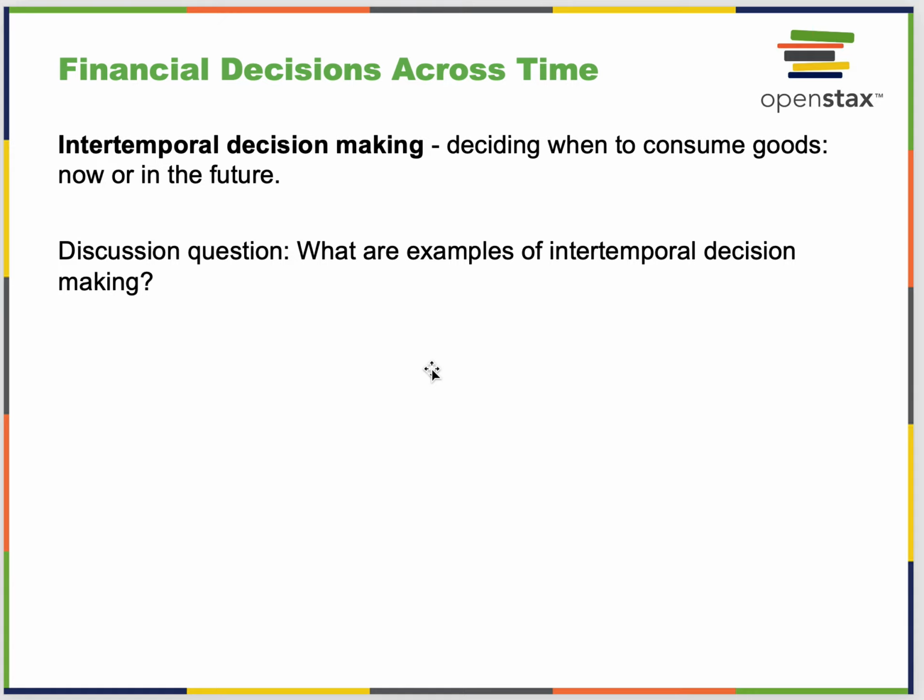So these things don't happen instantaneously either. There's some temporal factor involved here. Financial decisions across time. If we look at the exercise we have on the run on toilet paper, the demand for toilet paper increased quickly.